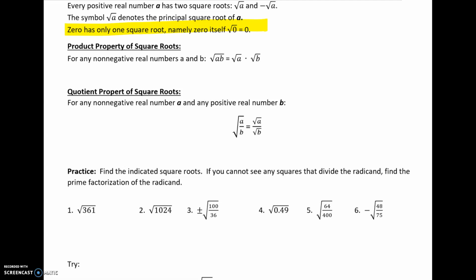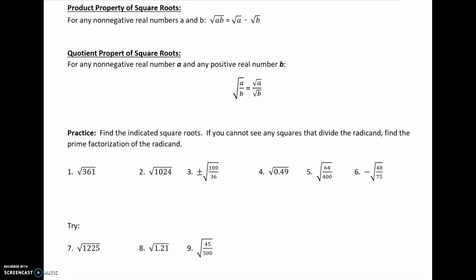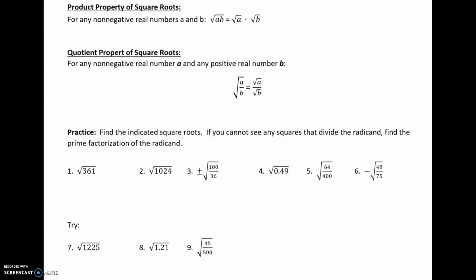Okay, then there's the product property of square roots. For any non-negative real numbers a and b, the square root of a times b, we can separate into 2 factors, the square root of a times the square root of b, and we'll be doing that in a little bit, and you'll see how we use that property. The quotient property of square roots says for any non-negative real number a and any positive real number b, the square root of a divided by b can be separated to the square root of a over the square root of b.